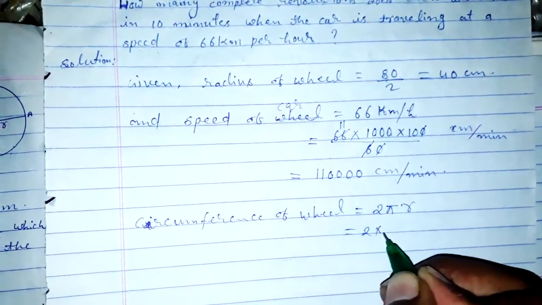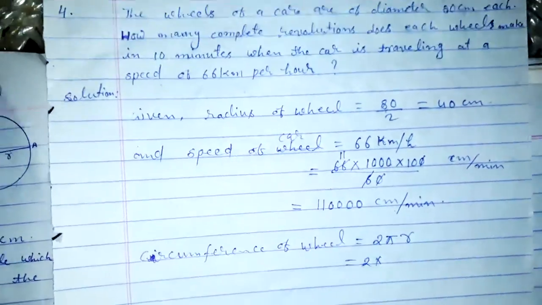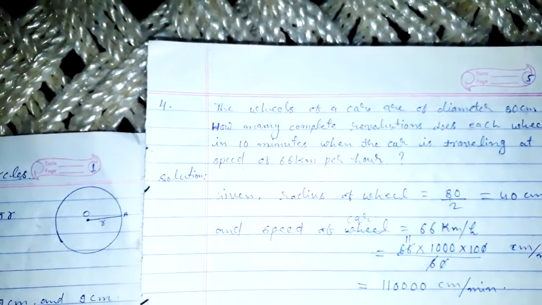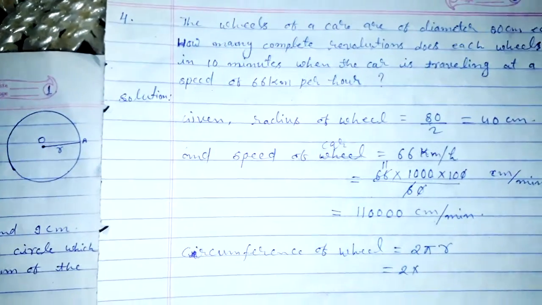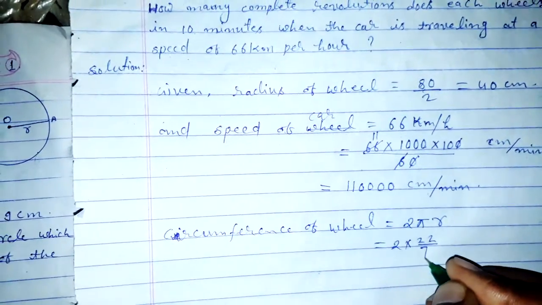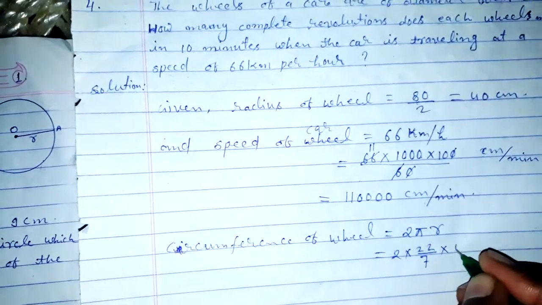So here we use pi as 22/7, so 22/7 into r, where r is 40.